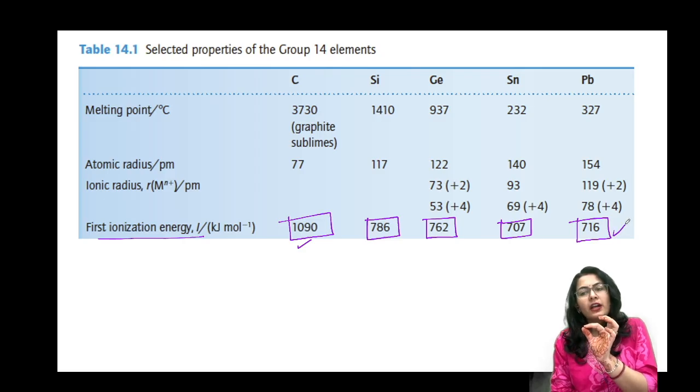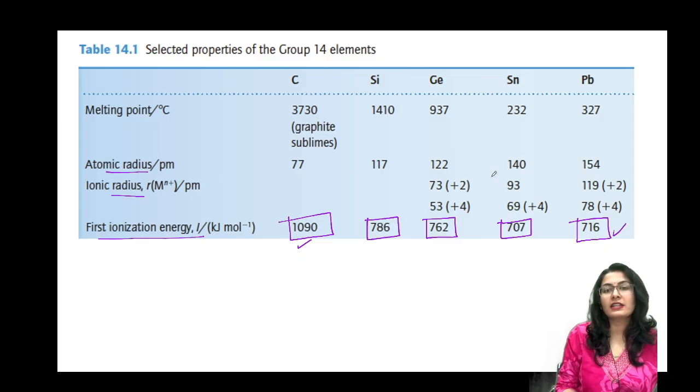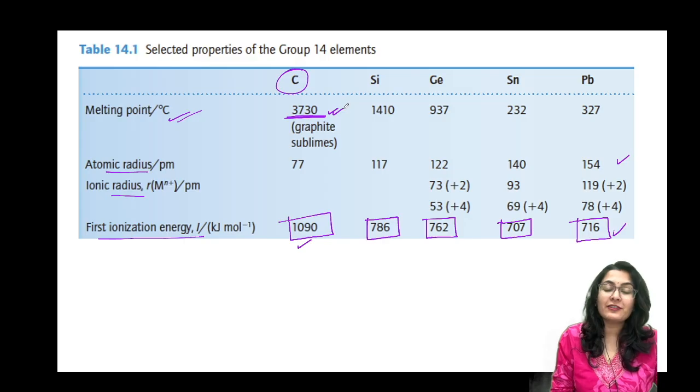Atomic radius and ionic radius increase normally. Melting point and boiling point again depend on the packing. Carbon has many allotropes, graphite and diamond, and we are going to talk about those. So definitely it is going to be very hard. Then comes silicon, germanium, tin and lead.